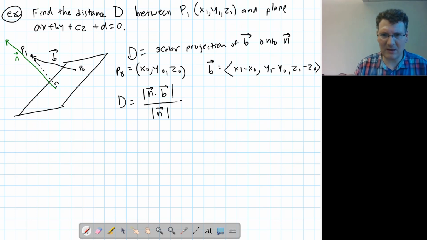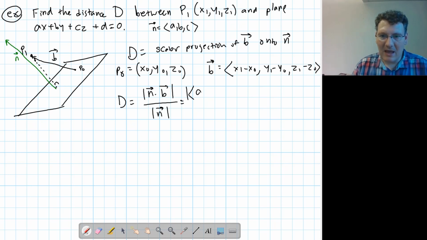So I'm going to do this dot product out in the numerator. n dot b, remember the vector n is a, b, c.